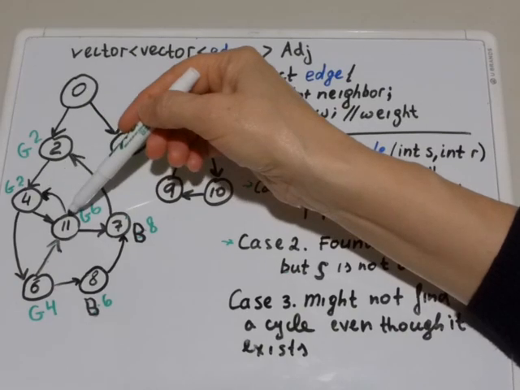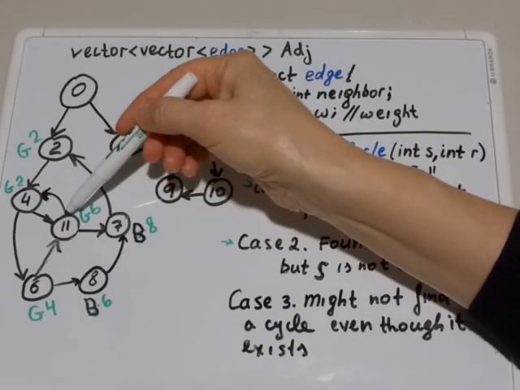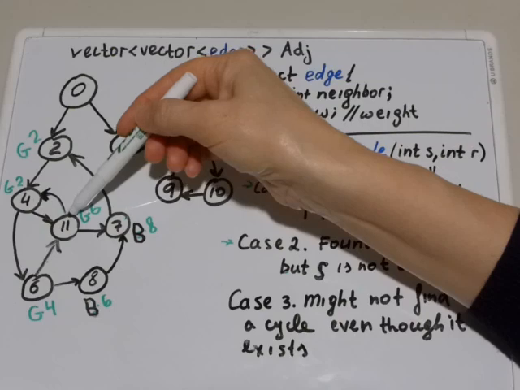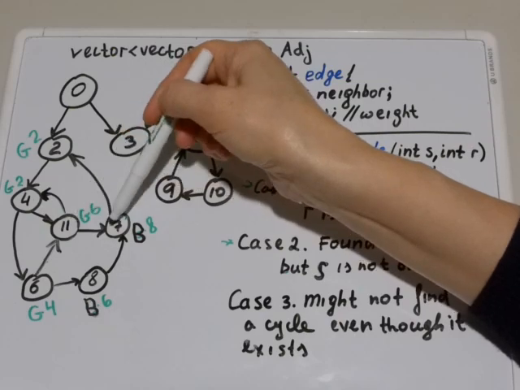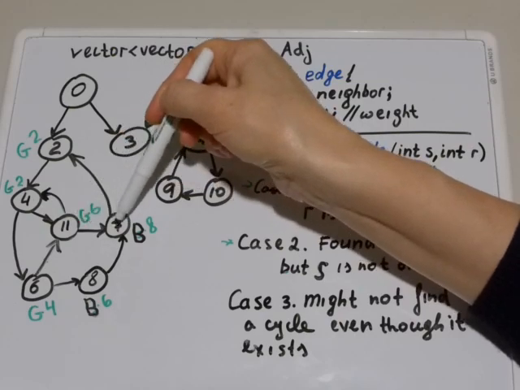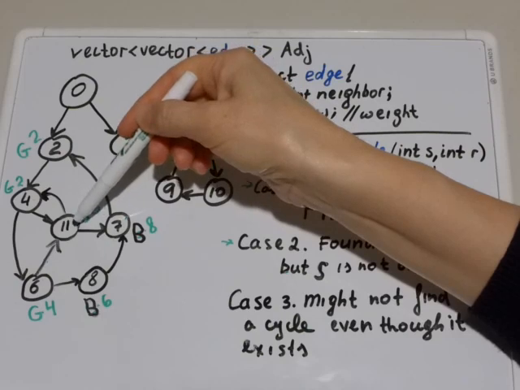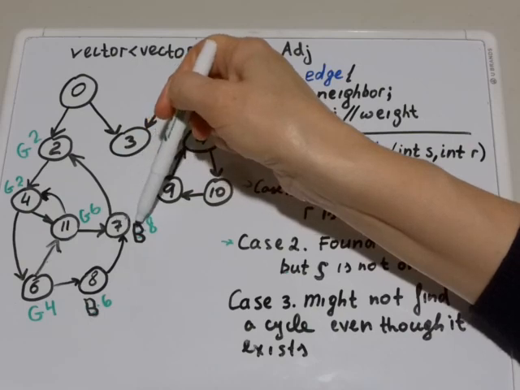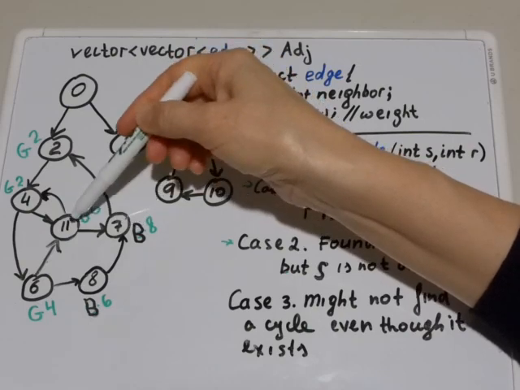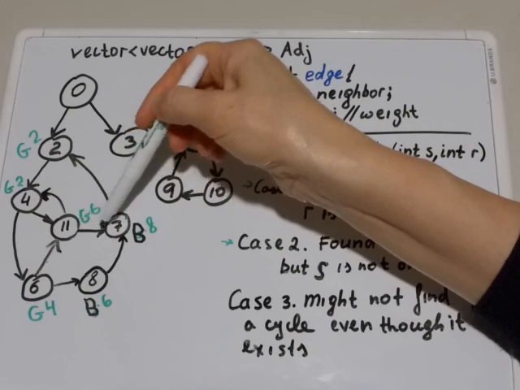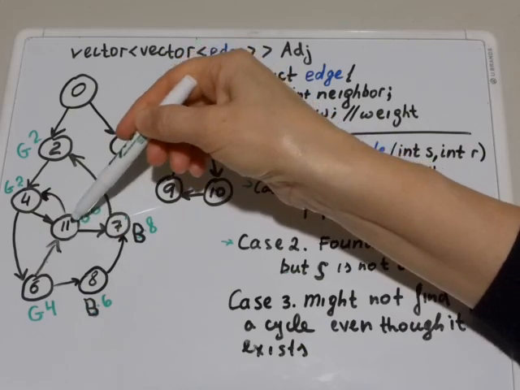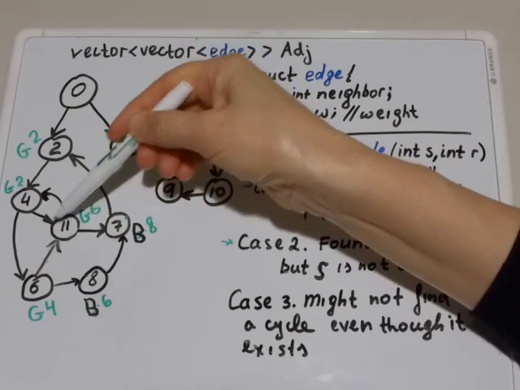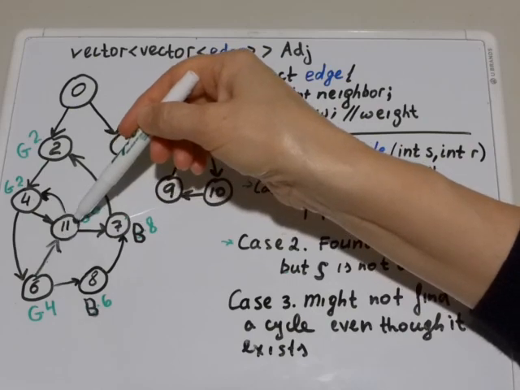From 11, we return right here in 11, and 11 has another child, and that child is 7. It only calls DFS visit on 7 if 7 is white. But look at the color of 7. 7 is black. So we do not call DFS visit on 7 when we find 7 in the adjacency list of 11.